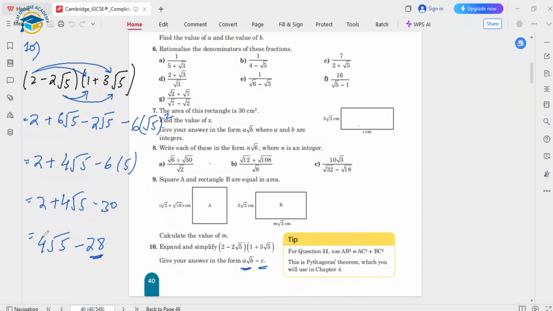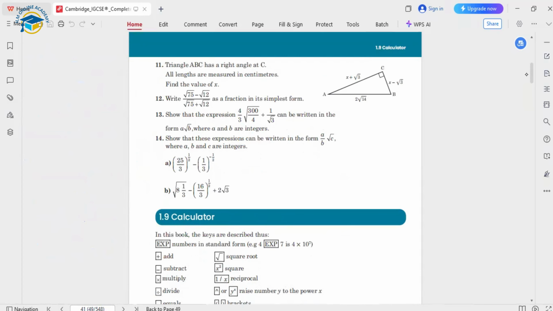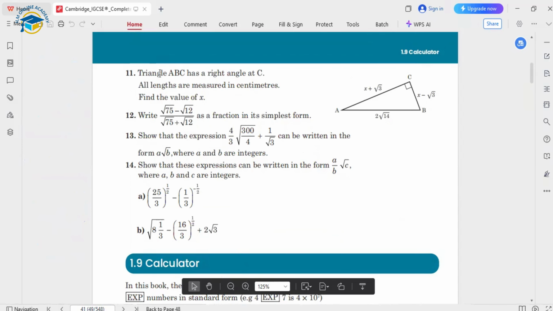So moving towards the next part, we have done the 10th part. So next is part number 11. In this part, they're saying the triangle ABC has a right angle at C, as they gave us right here. And they're saying all the measurements of this triangle are in centimeters. We need to find out the value for x.